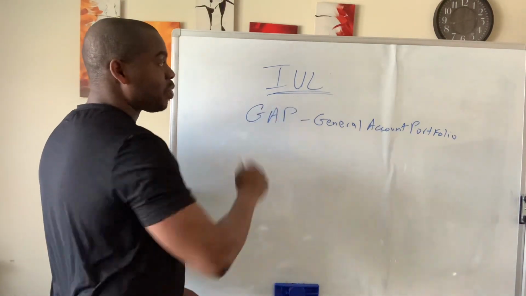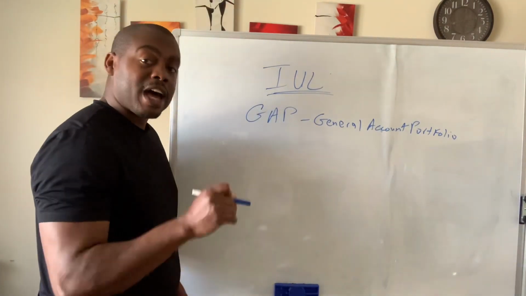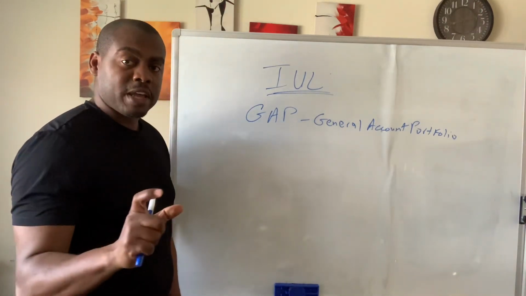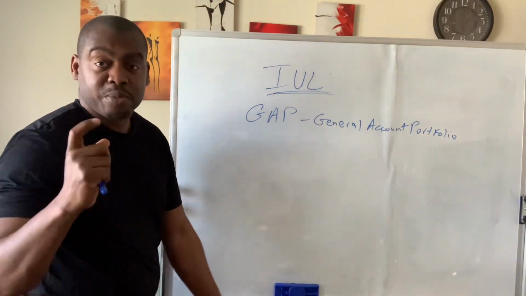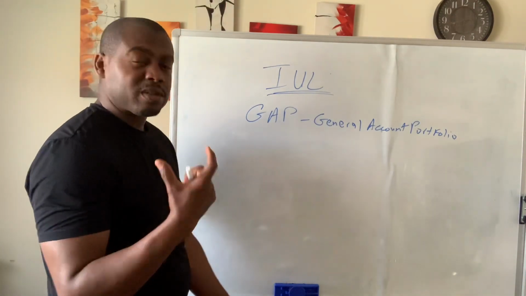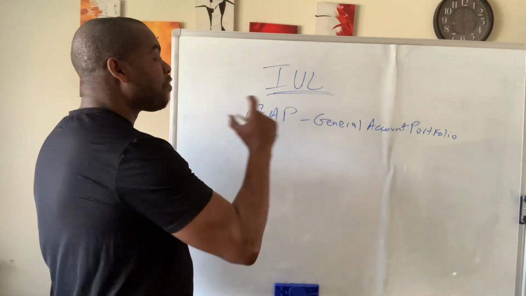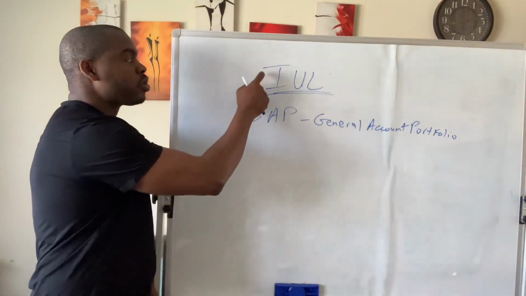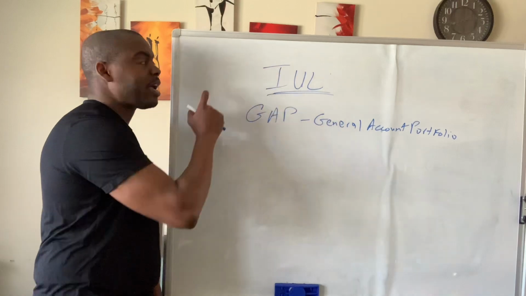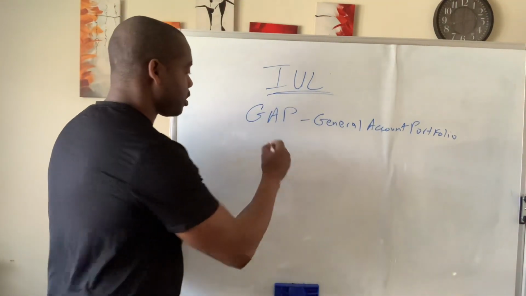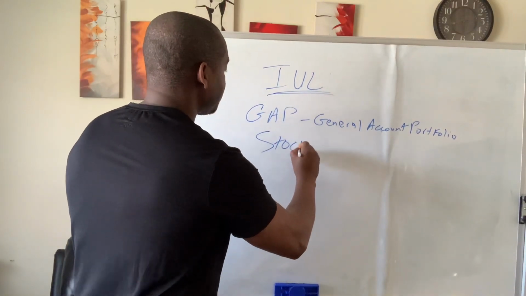So what does that have to do with IUL? In an IUL, when you're doing the indexing, that 4%, and I'm just using 4%, it could be 3%, interest rates are crazy now, but typically 4%. That 4% that you would have gotten from your general account portfolio, what you're doing in an IUL is telling them you can go use that 4% to purchase stock options.